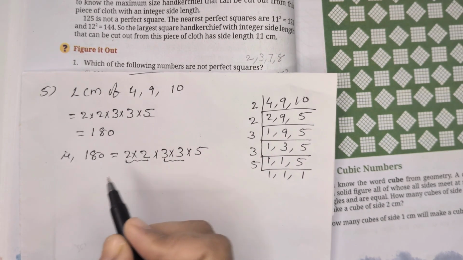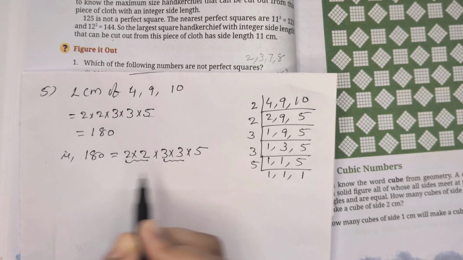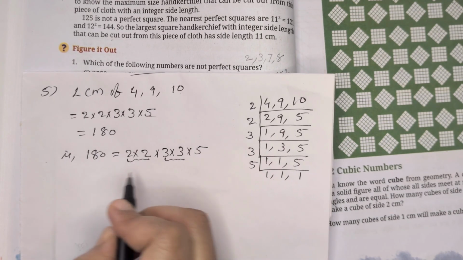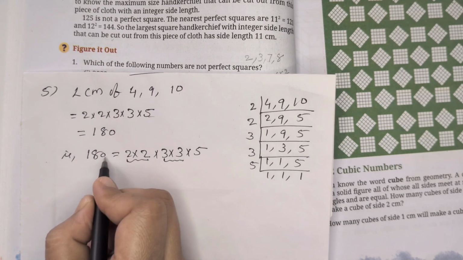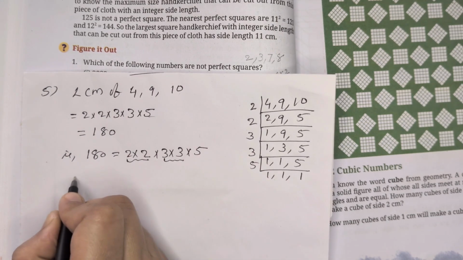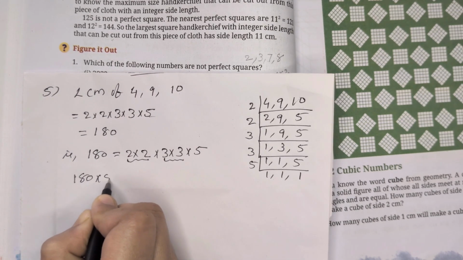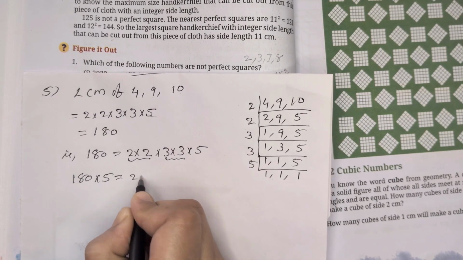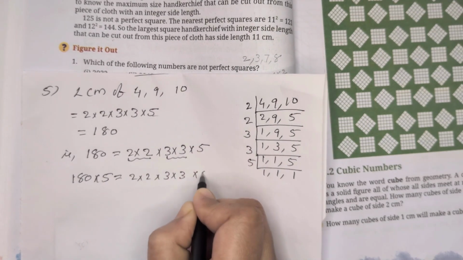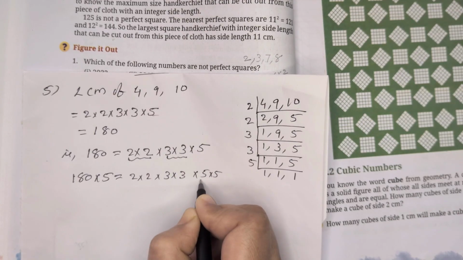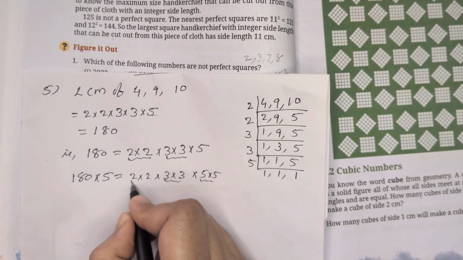The question asks for the smallest perfect square, so to make this number a perfect square we have to multiply both sides by 5, to make a pair for that 5.